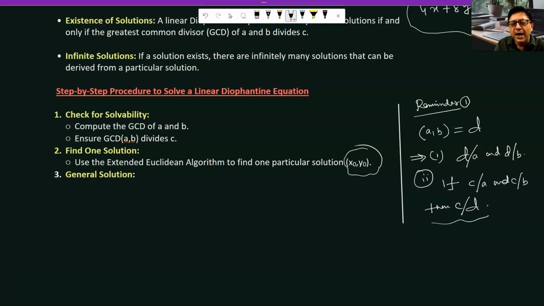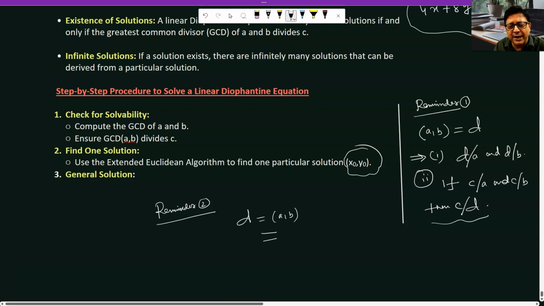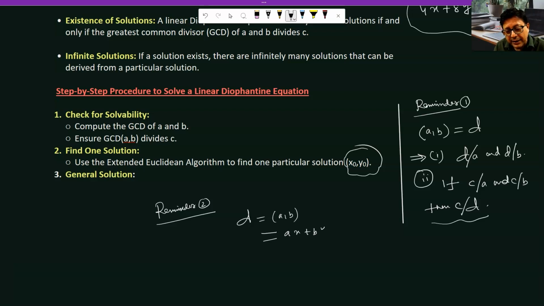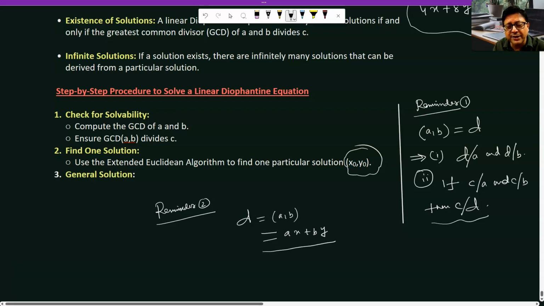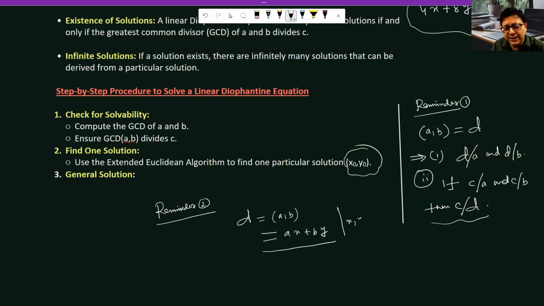Another reminder, reminder 2: the GCD of A and B, where A and B are integers, never forget that, can always be expressed as a linear combination of A and B, where x, y belong to the set of integers.